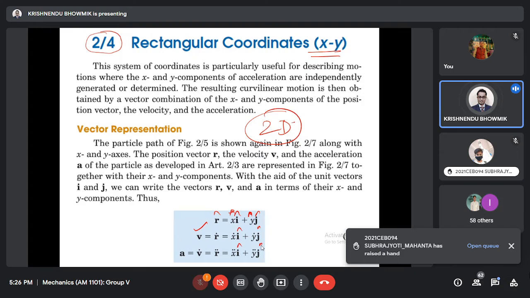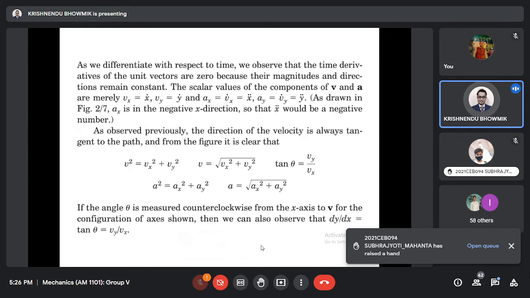R has two components x and y, velocity has two components x dot and y dot, acceleration has two components x double dot and y double dot. Now based on this, we can have scalar quantities like vx equal to x dot, vy equal to y dot. That way I am writing x, y, then x dot, y dot, 2D case. Okay, ax equal to vx dot or x double dot, ay equal to vy dot or y double dot. That way you can write.